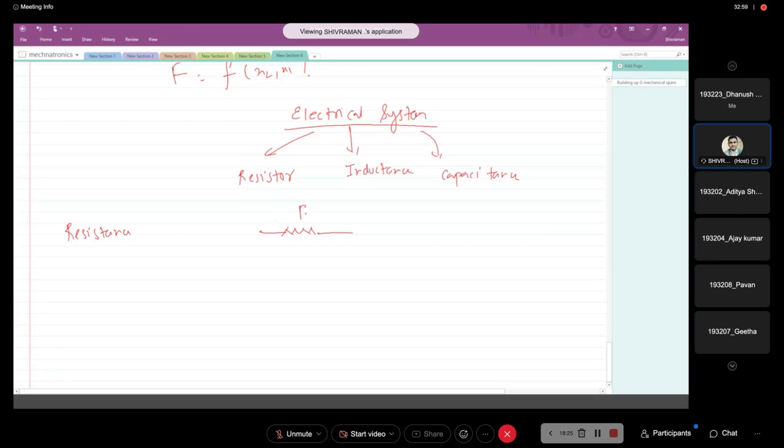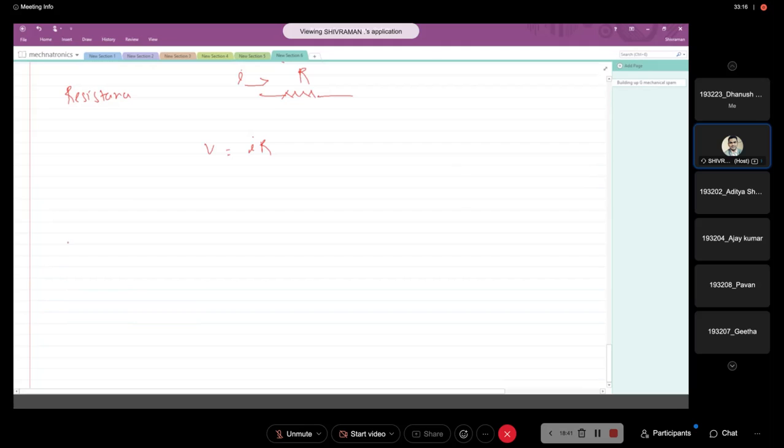Having resistance R, you have a potential difference of V and current I. So the basic equation is quite simple: V is equal to IR, that is from Ohm's law. Next is your inductor.